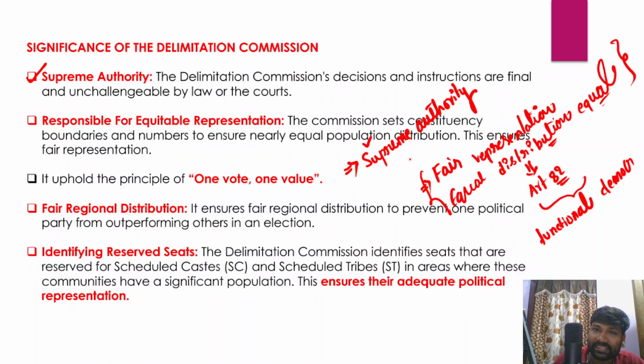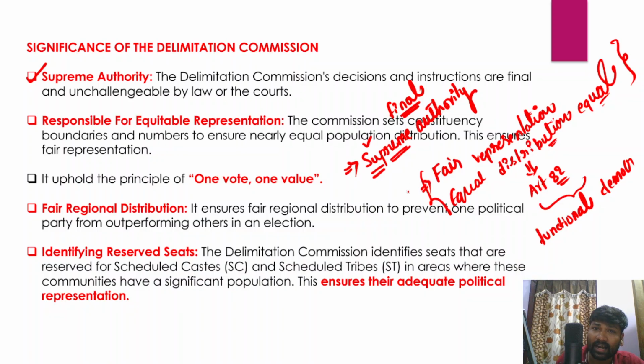That's why it is said that the Delimitation Commission has supreme authority, because whatever decisions and instructions are issued by it are final and cannot be challenged in any court of law.